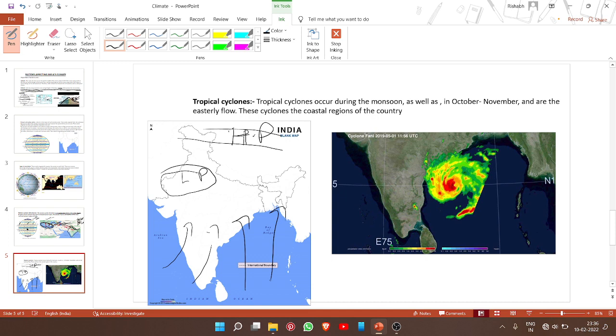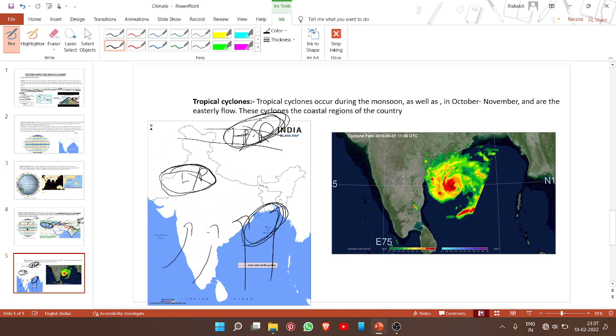When this was high pressure, this was not present. Now in summer, this low pressure becomes active and the activeness of this high pressure decreases. Then when the high pressure again generates in its original place, a low pressure creates near the Bay of Bengal.